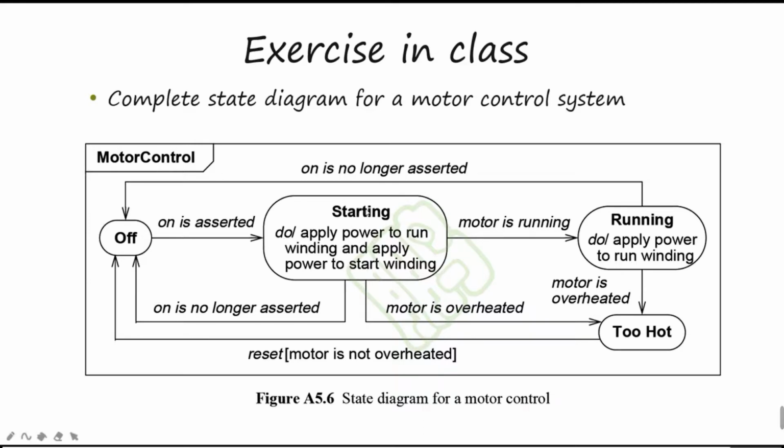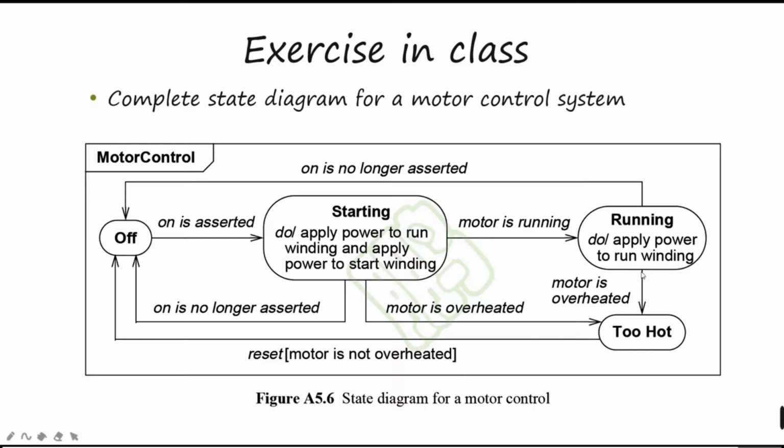It means that in the starting state, we will apply power. And if motor is running, this is monitored by the sensor, and it will go to the running state and apply power to the run winding. It means that it will shut off the power to the start winding.